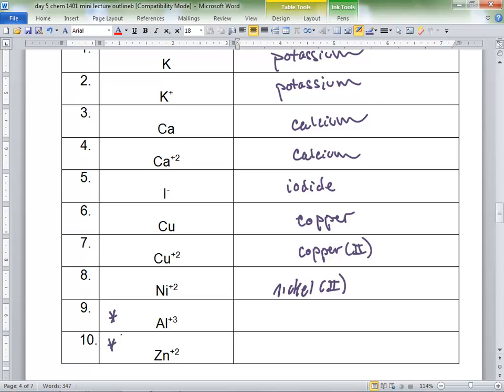Zinc has to be a +2. Kind of like calcium has to be a +2. Sodium has to be a +1. Aluminum and zinc are way over in those transition metals. They're the only ones that don't have a choice. So it's just aluminum. Good. And the Zn +2 is going to be zinc. Good.